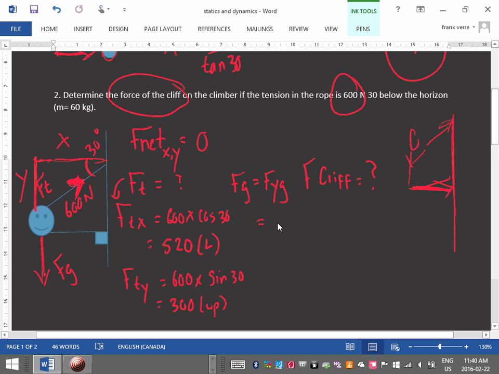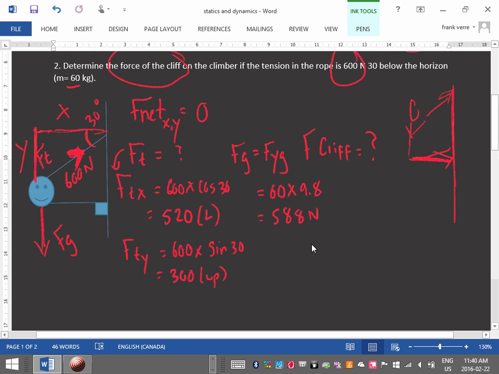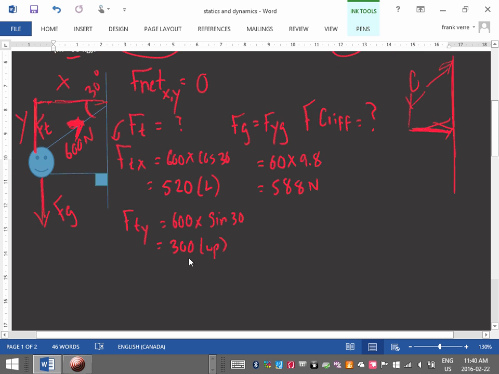So that would be the weight of the individual. That would be 60 times 9.8, which is 588, is it? 588 newtons.